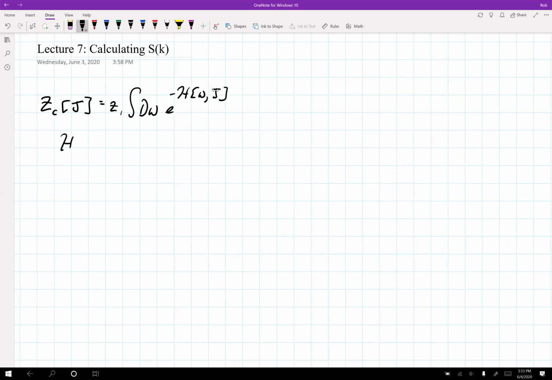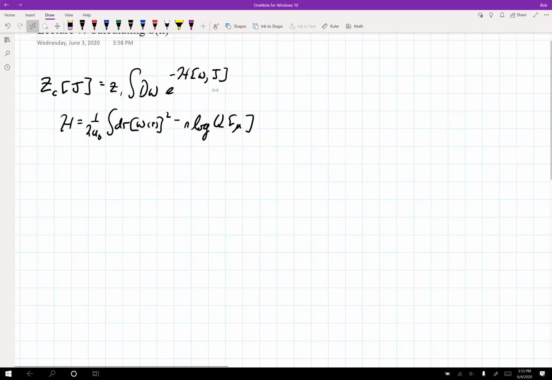We wrote this down last time: w squared over 2u0, minus n log q, with a shorthand mu for the overall potential. Mu is a spatially varying quantity, mu of r equals i w of r in general plus j of r. So this is the extra field that we're tacking on.